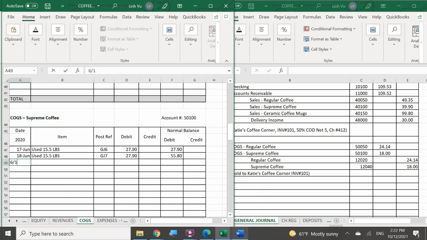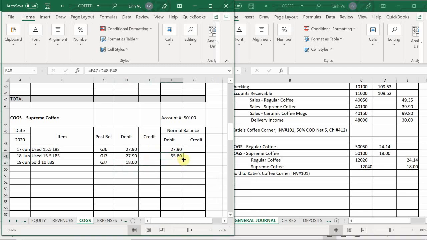All right. Next one I have here is Supreme Coffee. We sold 10 pounds for $18. So we have a 73.8. Good.